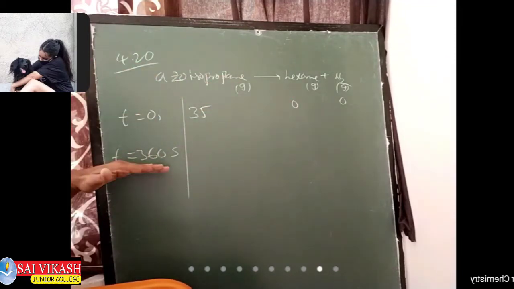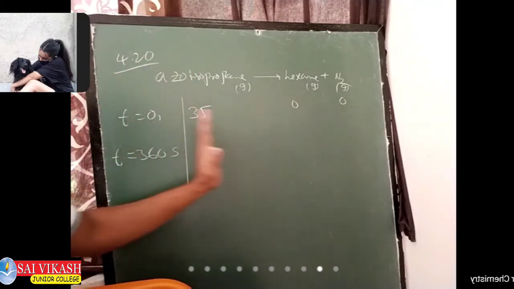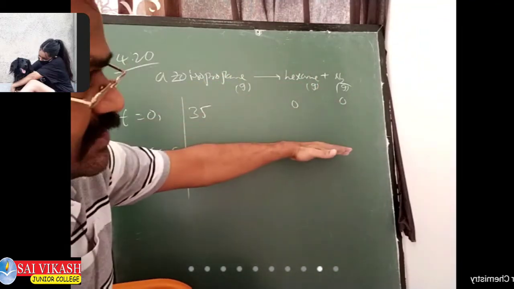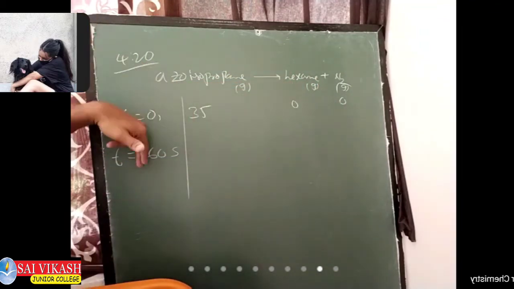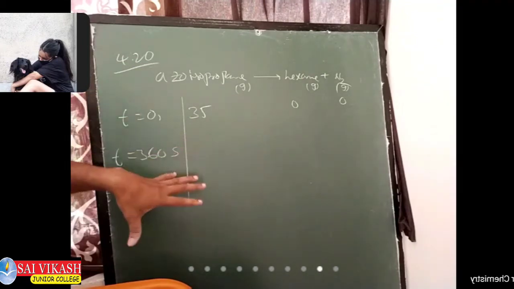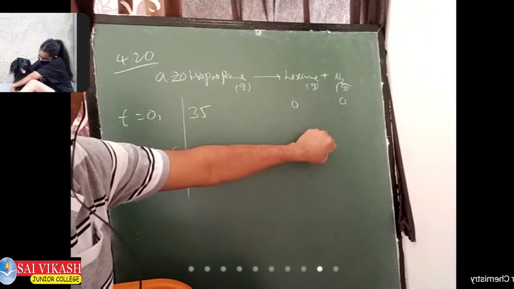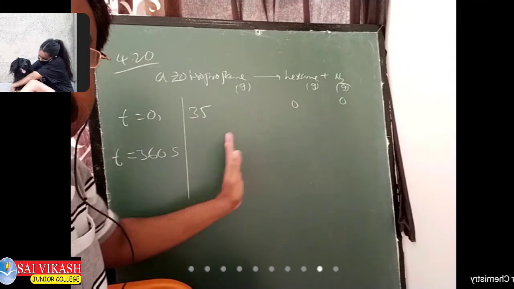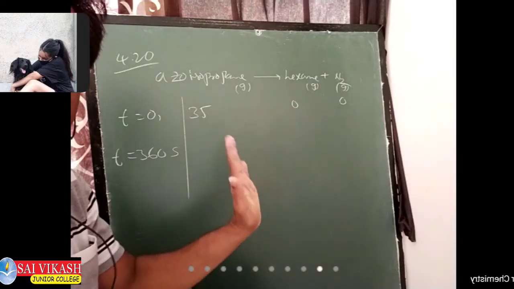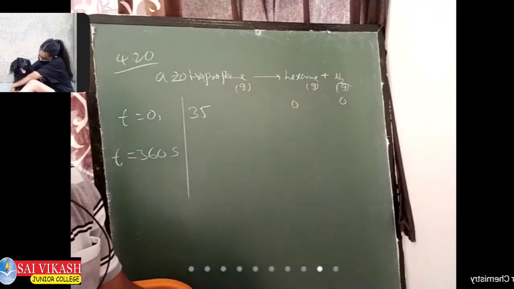After 360 seconds, the reaction is going on, which means products are forming. The products are also gases. So the pressure 54 at 360 is the pressure of the reactant left and the pressure of the products formed. The sum of all these pressures is what they gave. Individual pressures we don't know.